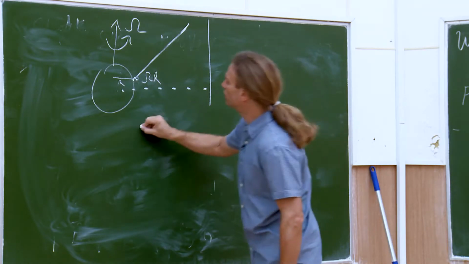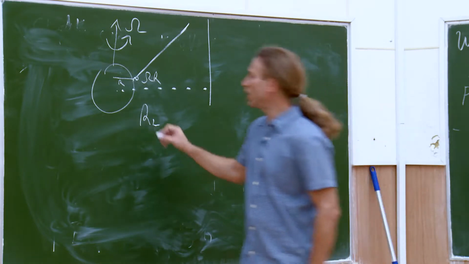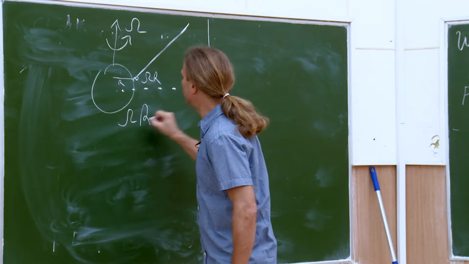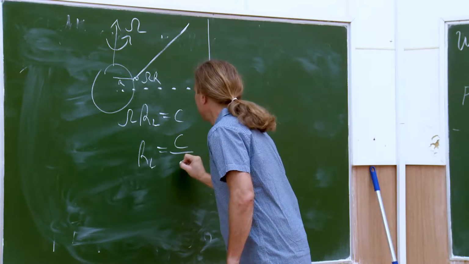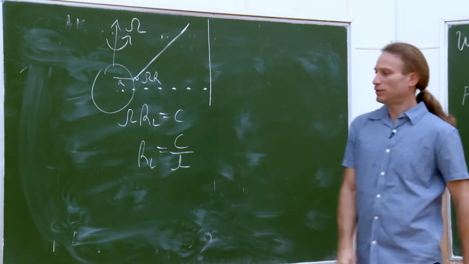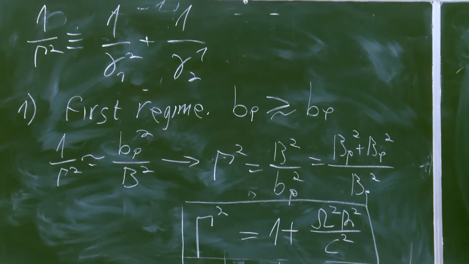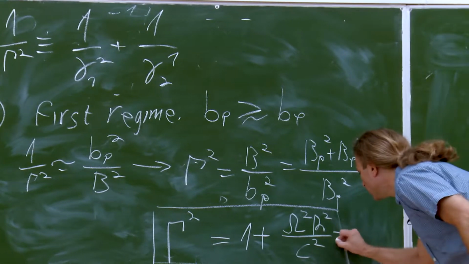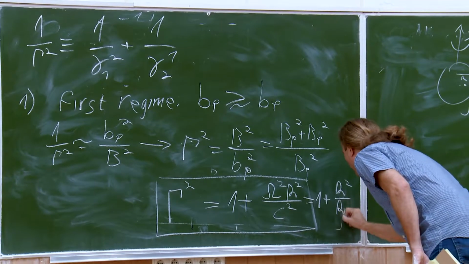In this radius, which I call the light radius, omega times RL is equal to c, or RL is equal to c divided by omega. So I can change this omega square r square divided by c square into r square divided by RL square.